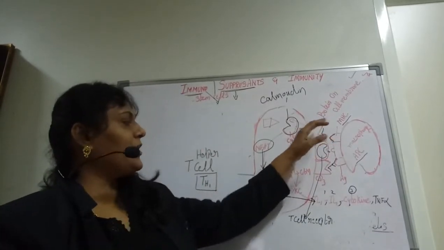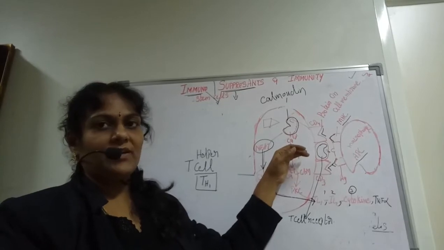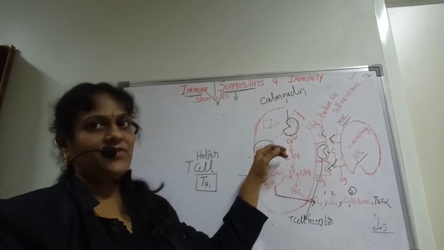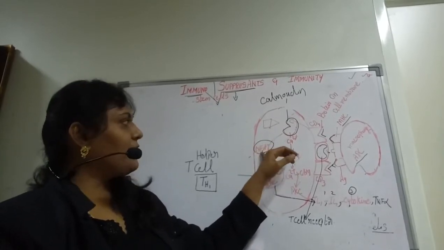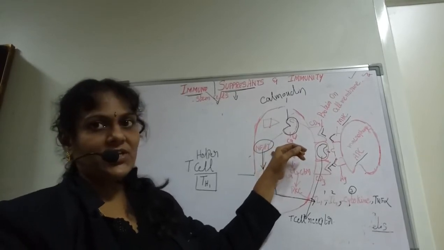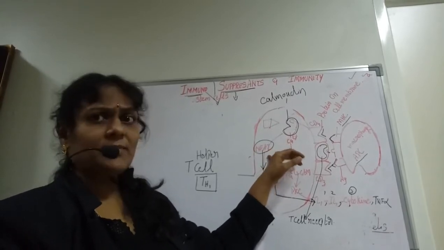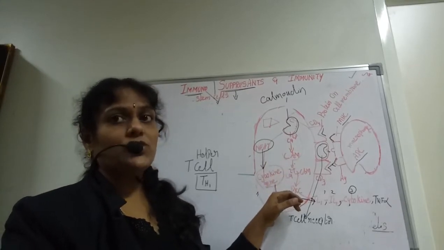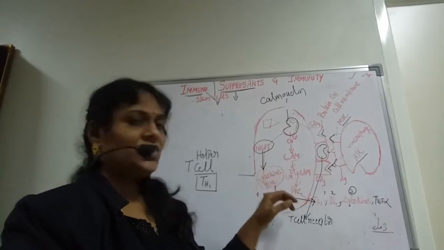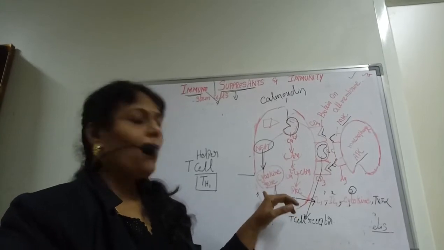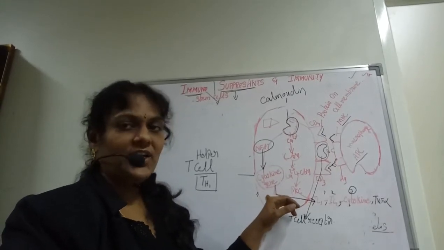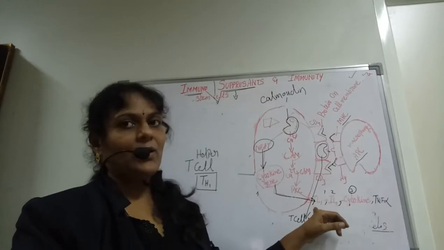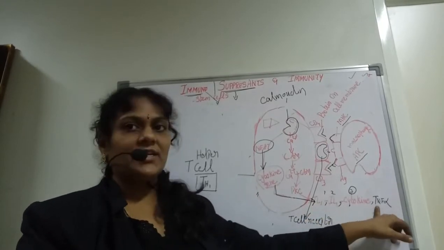And from the calmodulin, another factor is also being released. What is that? It is called NFAT. What is NFAT? Nuclear factor of activated T cells. And this factor stimulates one of the genes present in the T cells, and that gene is called the cytokine gene. This cytokine gene is directly producing IL-1, IL-2 cytokines and TNF-alpha.